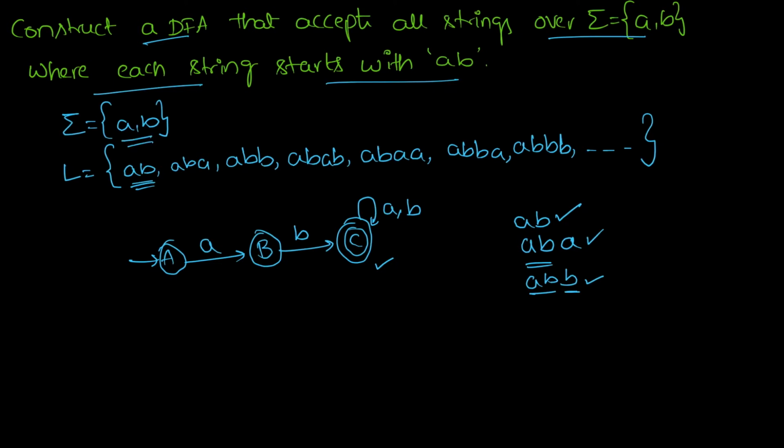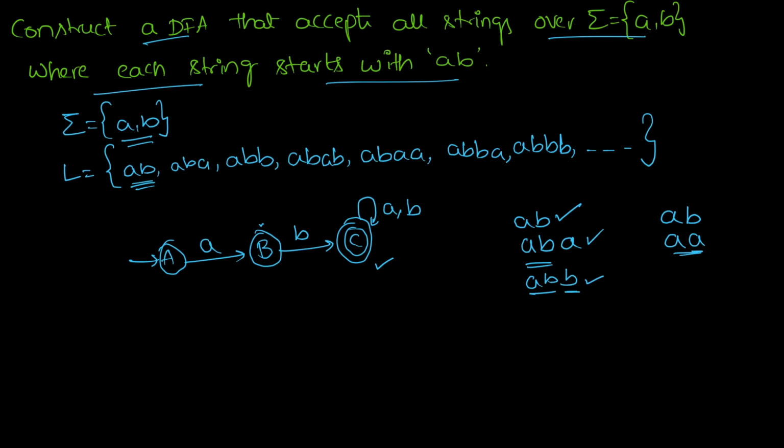Now let's come back to state B. We reached state B after seeing an A. If we see B, we go to state C. What if we see an A from state B? If we see a symbol A from state B, it means the string is starting with AA but not AB.